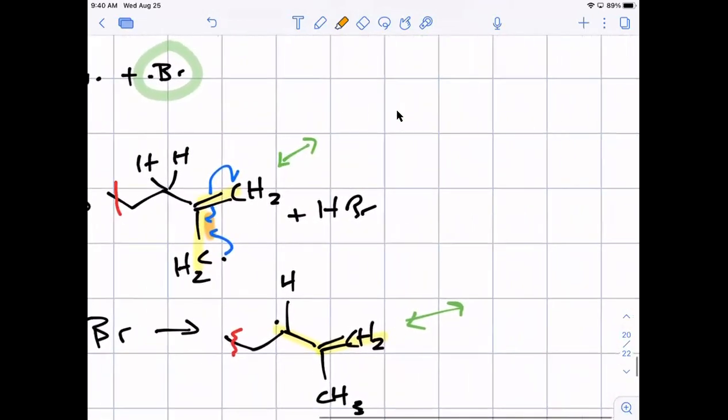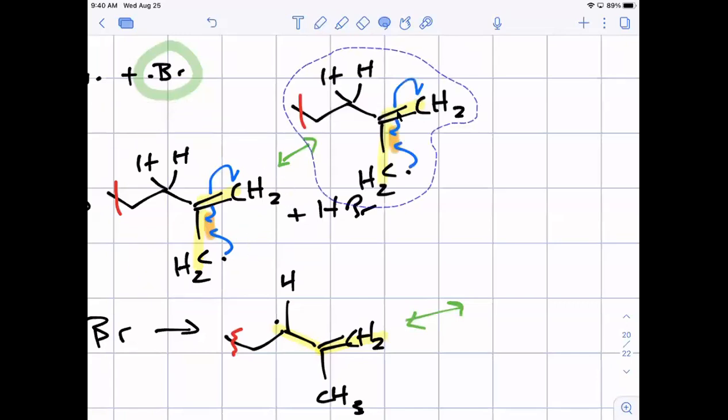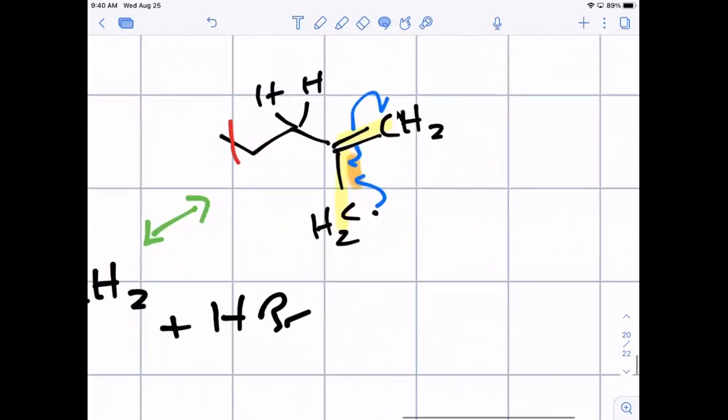So up here, now here I am going to cheat. I'm going to try to cheat anyway. I'm going to put my electron out here and then my double bond here. Is that right?